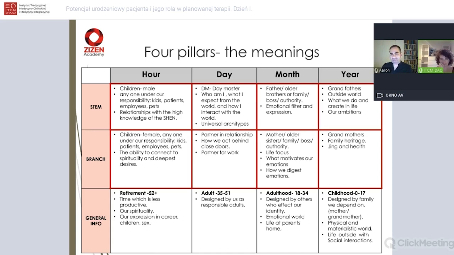So the stem of the month is representing basically our emotional filter. What we do with emotions, our inner judgments in our heads, or how we see our relationships with others, with other friends, or how we express our emotions to others. At work, it can represent colleagues and friends who help us and carry us.